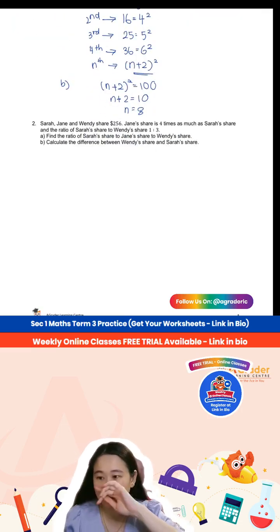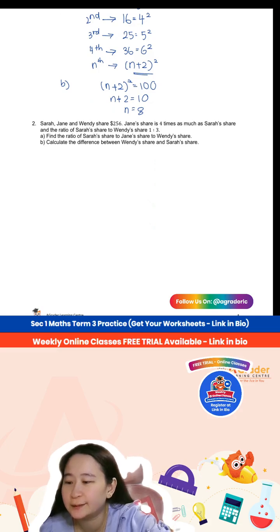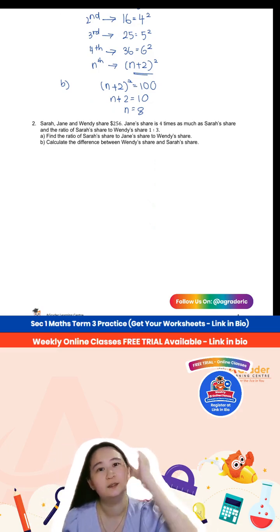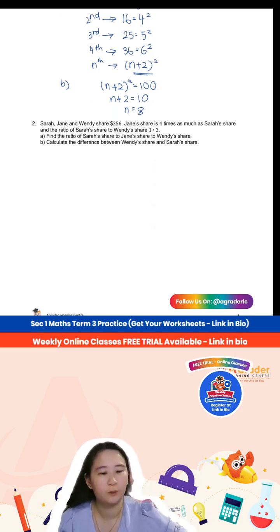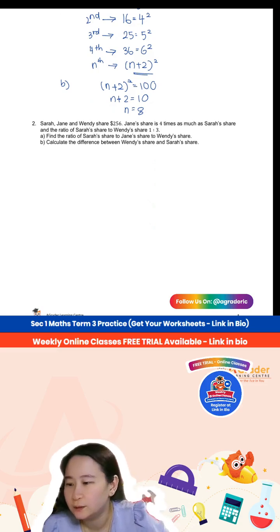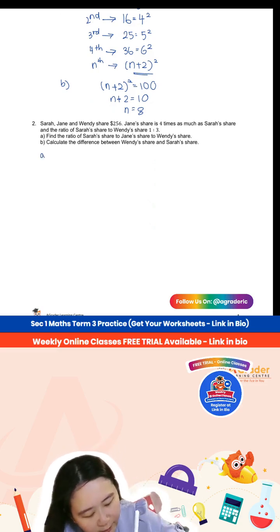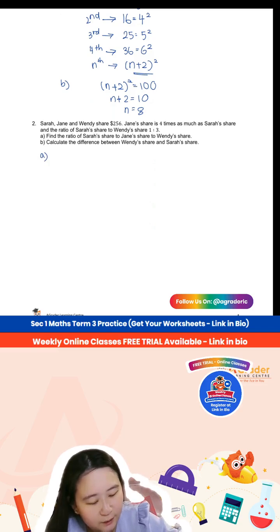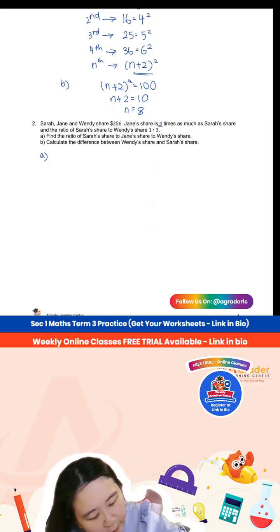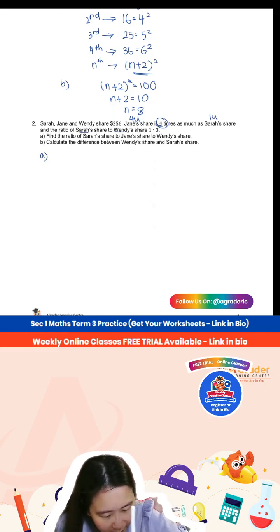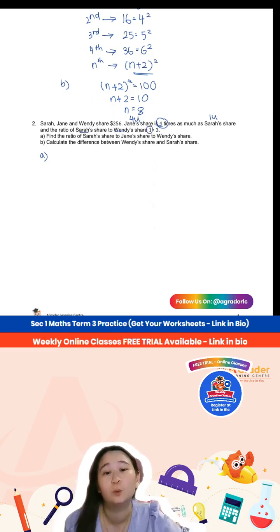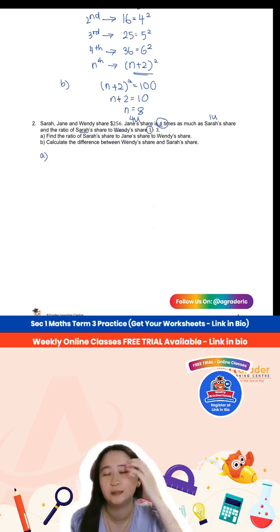So we can see that there is a repeated identity here, which is Sarah. So we have to use Sarah to make them the same. But in this case, Sarah is already technically the same because 4 times means Jane is 4 units when Sarah is 1 unit. And in the second part, Sarah to Wendy, Sarah is also 1 unit. So you don't have to make them the same, they are already the same.